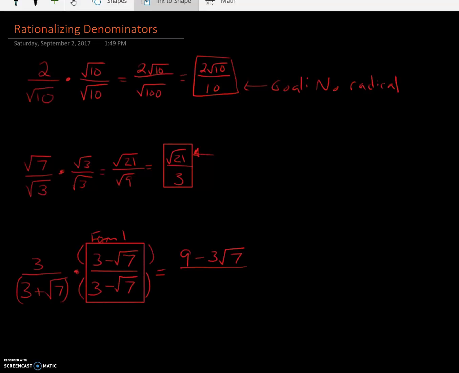And I'm going to write it out just to illustrate again what happens in the middle terms here. So I got 3 times 3 is 9. Got minus 3 root 7 plus 3 root 7. And then I have minus root 49.